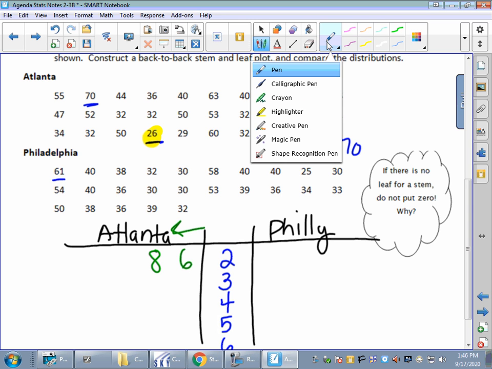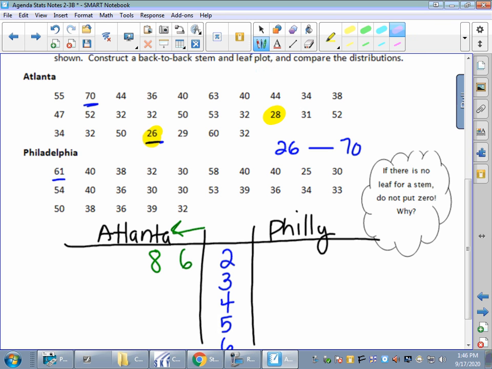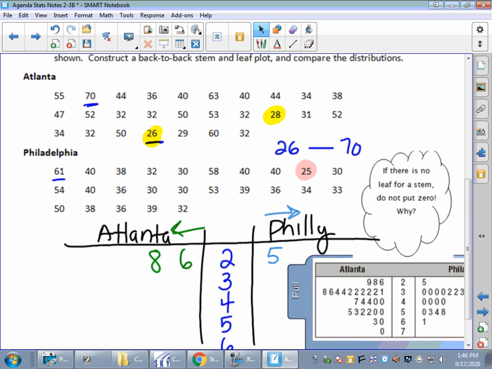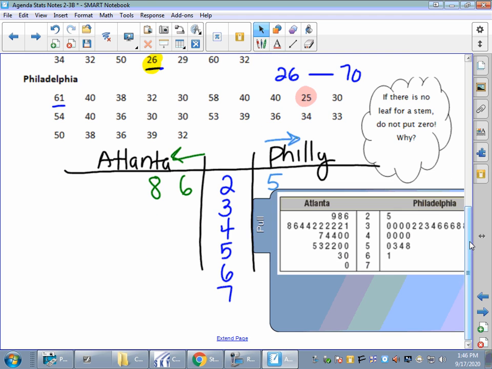In Philadelphia, if I'm counting out from the stem, looks like I just have that one. I count out in this direction, and I would go this way. Do I need to do more of it? Is everybody okay with that one? I think I've actually got it set up here.